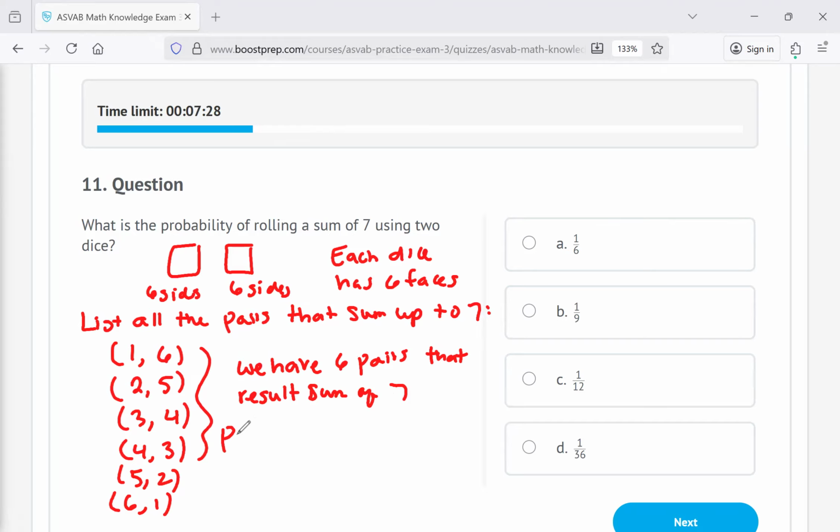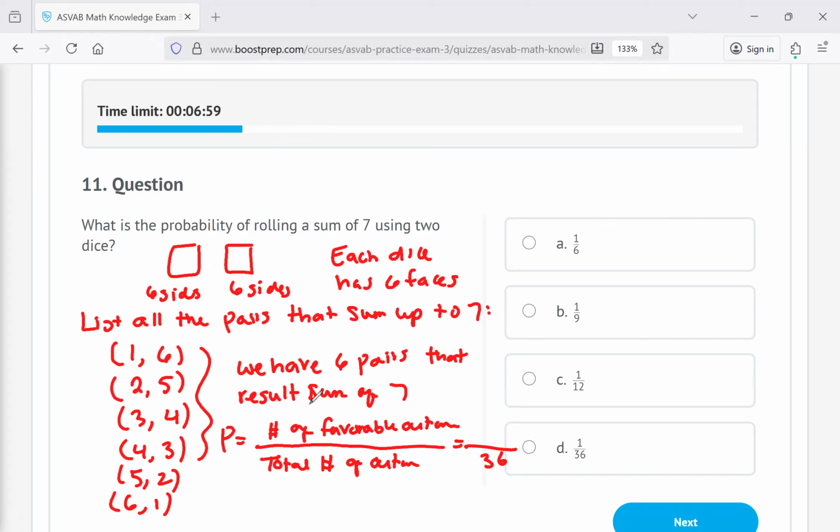So what is the probability? Probability is the number of favorable outcomes divided by the total number of outcomes. The total on the bottom: we're throwing 2 dice, and each dice has 6, so you have a total of 36. The number of favorable outcomes is 6 pairs that result in a sum of 7.